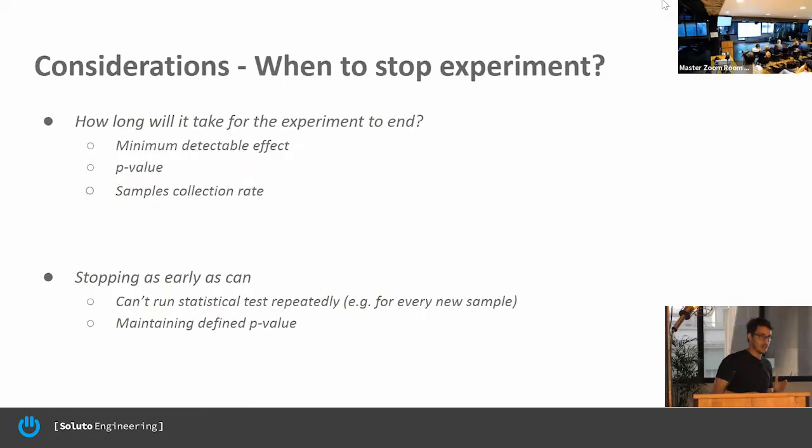In our case, we got to about 10 days of experiment, which gave us a false positive rate of 5%, p-value of 0.05, with a minimum detectable effect of about 2.5%. Of course, we made some trade-offs here. But we can say to the teams, you'll get the results for your experiment in 1 month or 1 year. That's a trade-off we must take into account somehow, because the sample collection rate is just constant. You can change it.